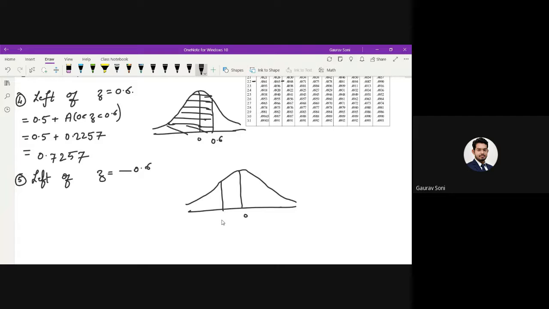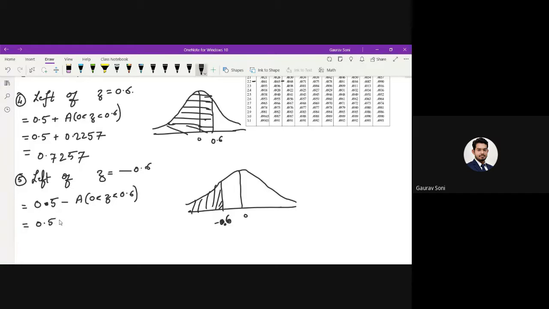Minus 0.6 somewhere here. Left of this area. Now what? So 0.5 minus the area under 0 to 0.6. 0.5 minus the area from 0 less than z less than 0.6.